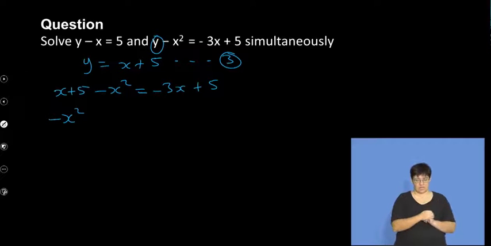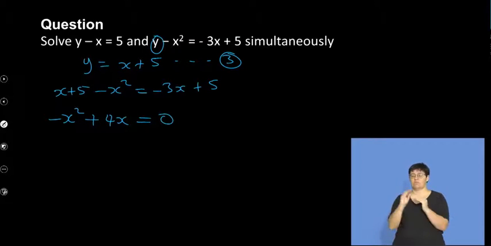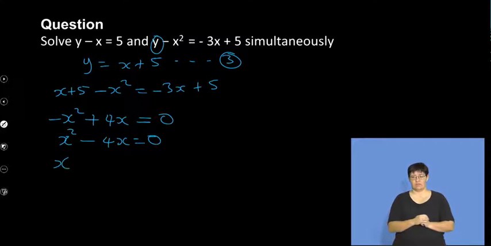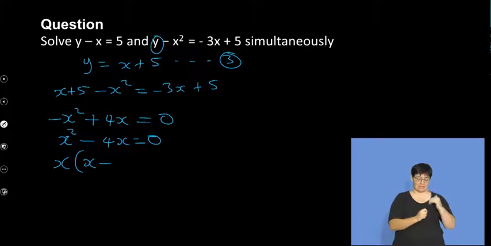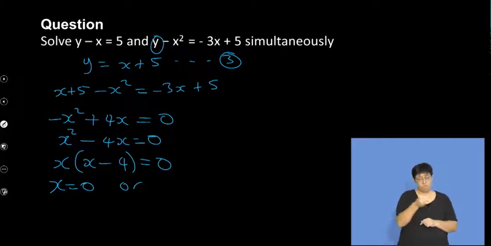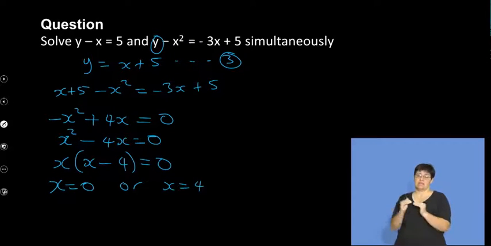The 3x will then become 4x. The 5 and the 5 will then be 0, and this will be equal to 0. Then I will divide everything by negative 1 because I can't deal with the x squared being negative. So it becomes x squared minus 4x equal to 0. Take out a common factor, it becomes x times (x minus 4) in the bracket. Then my two solutions will be x equals 0 or x equals positive 4.